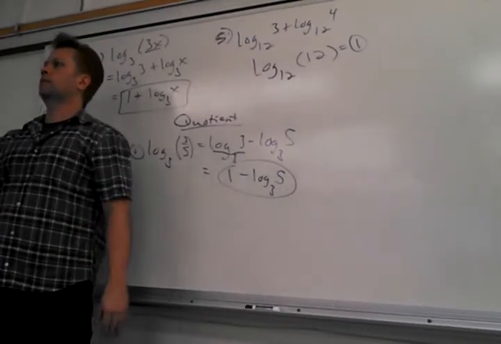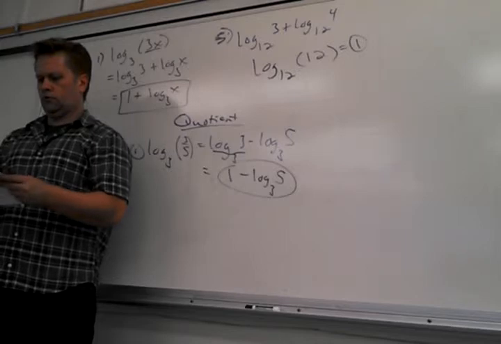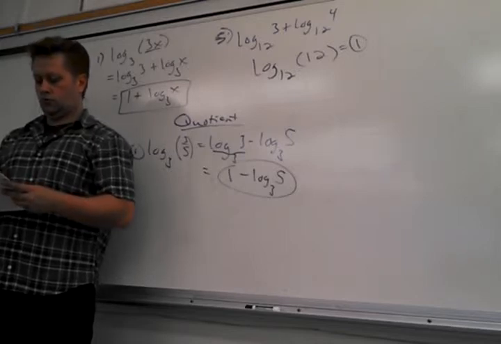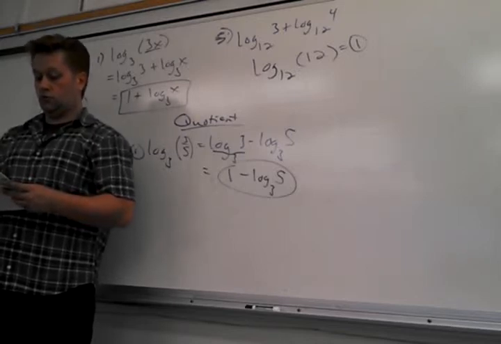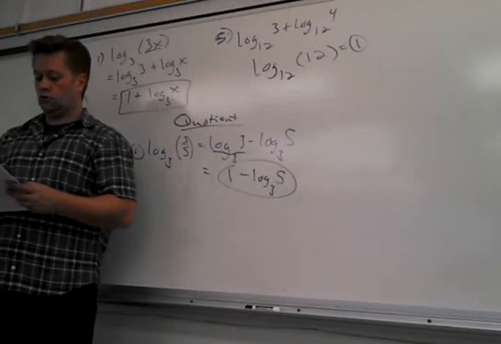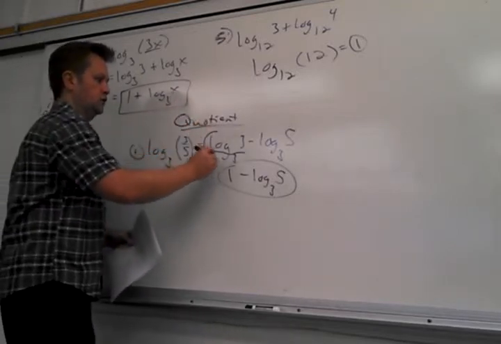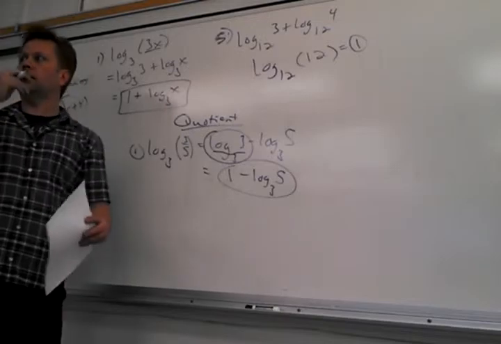Just the way that it's done, the example is done differently. I'm wondering, is the answer still the same if you do log base 3, 1 minus 5? Because on this one it says log base 11 of 3 minus 11. Yes, because I just do whichever one I can do.